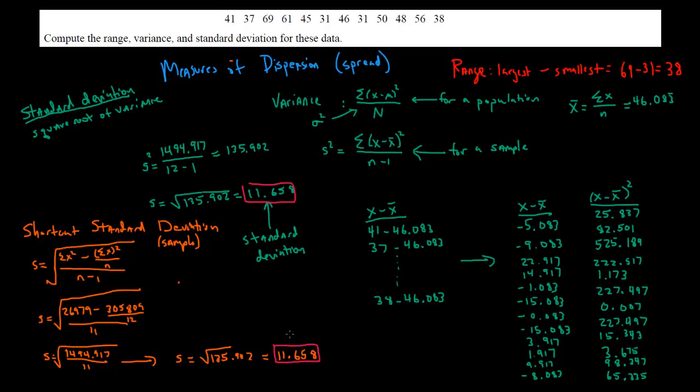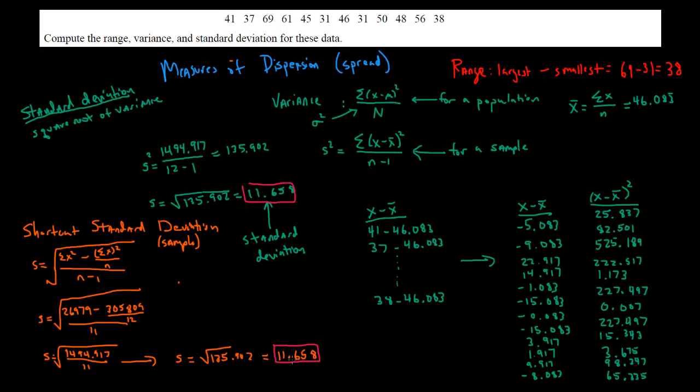Okay. Now, we'll get all kinds of cool concepts about standard deviation as we go through the course. For instance, almost 100% of the data, over 99% of the data, are within 3 standard deviations of the mean.